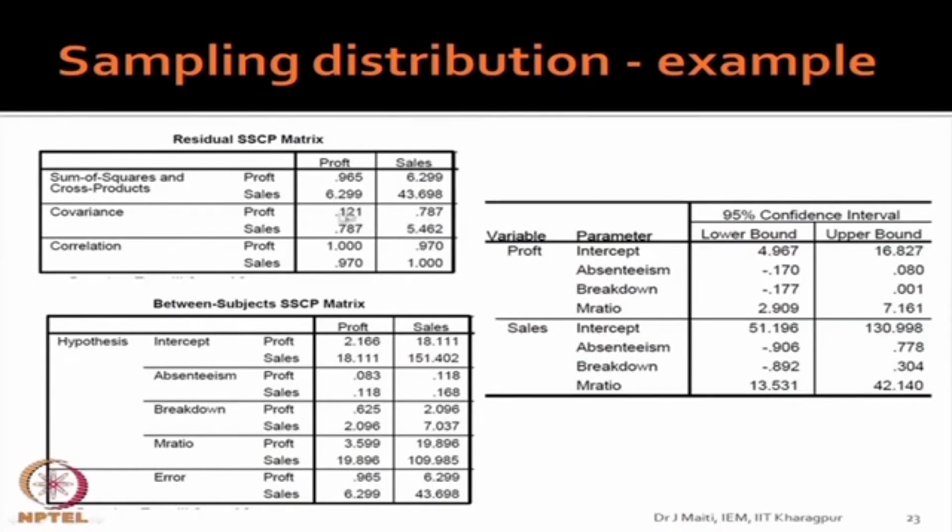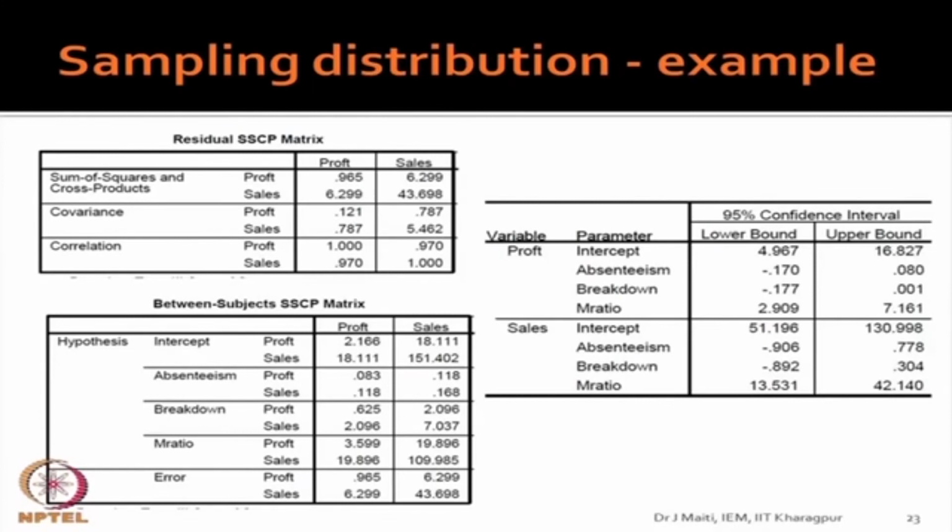These are the S1 square and S2 square values, and you know n minus p minus 1, that value is known to you, and you will be able to find the variance and standard error once you multiply by x transpose x inverse.